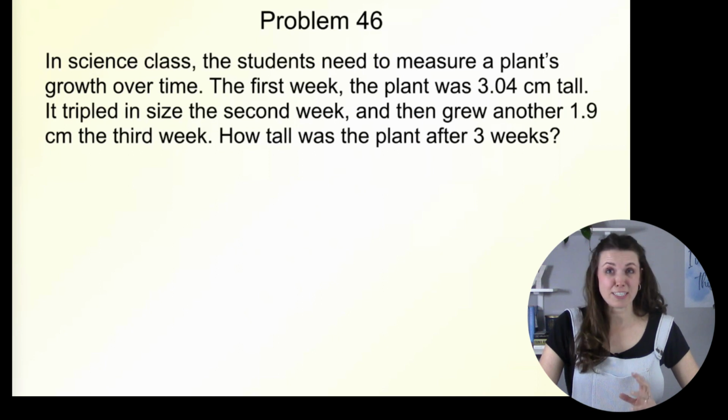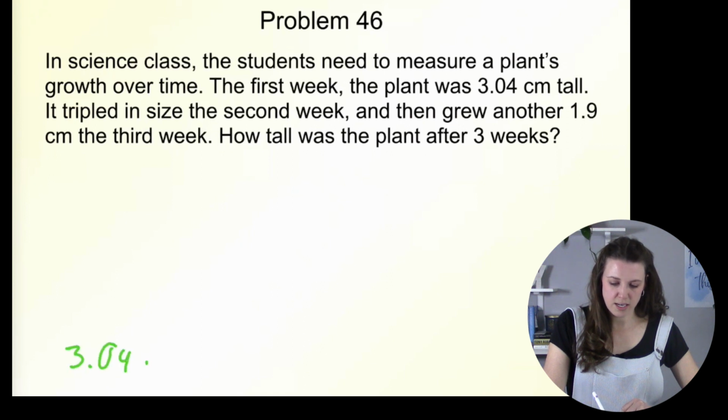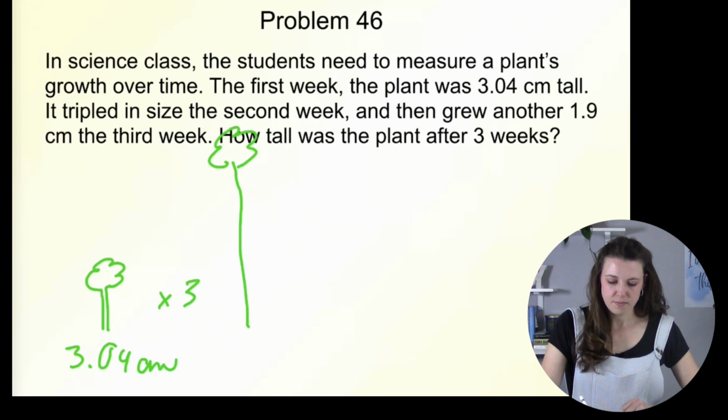Okay, drawing a picture is going to make it so much easier for me, so that's what I'm going to do. All right, so it's starting off at 3.04 centimeters. So here's our little plant. And then the second week, it tripled in size, so whoop, here it is, way up here.